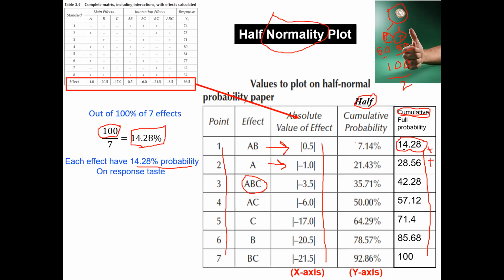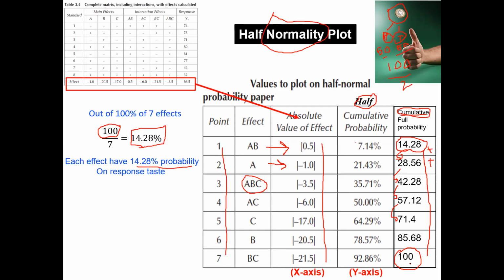Since it is cumulative, we are adding 14.28 plus another 14.28, which is 28.56. If we add another 14.28, it is 42.84, and so on, it keeps increasing. Finally, since we are considering 7 factors at 14.28 each, and all 7 factors contribute to 100%, if we sum up, we get 100%.